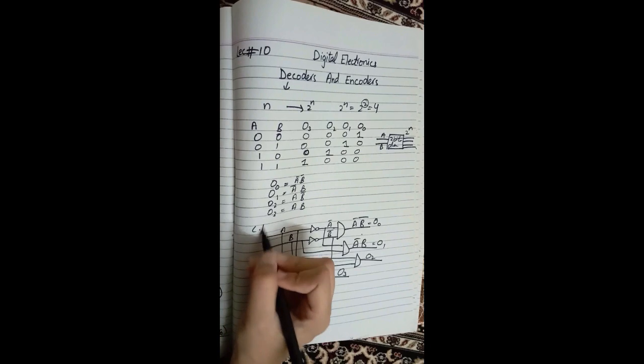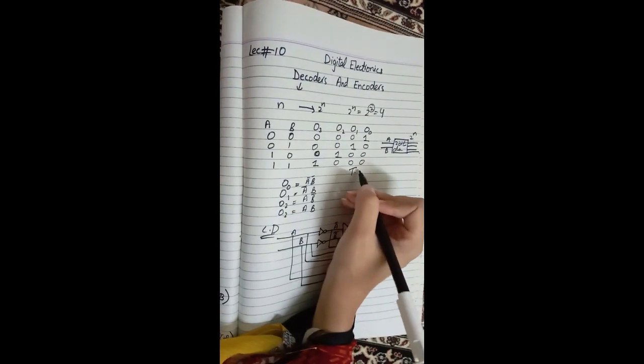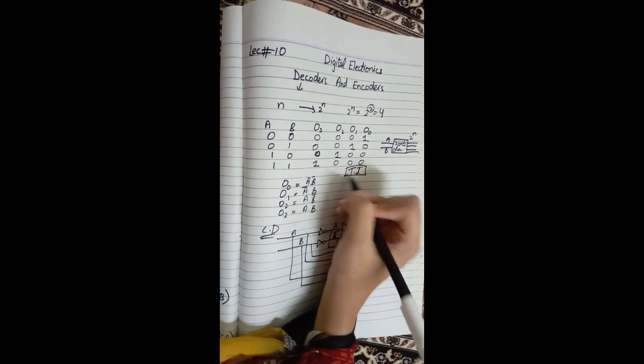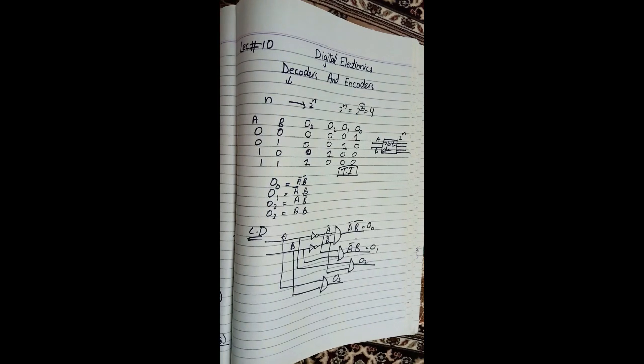This is our circuit diagram for decoder, and this is our truth table for the decoders. Now this is for the 2 bits, and if we have 3 inputs and 8 outputs, how will we draw that decoder.